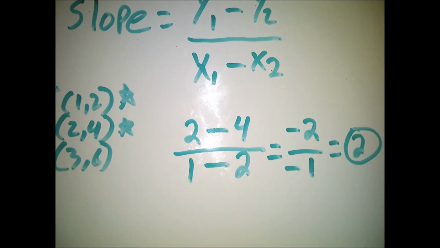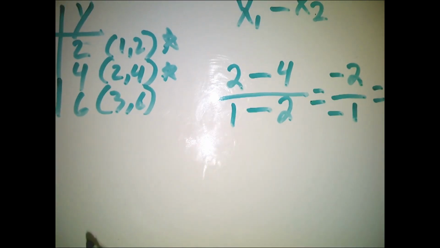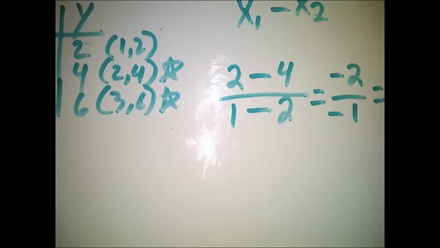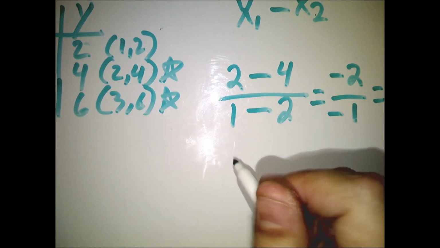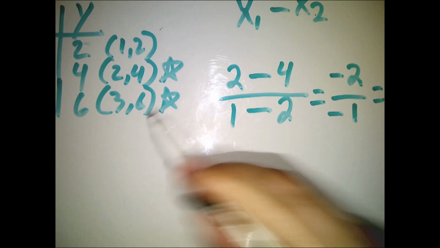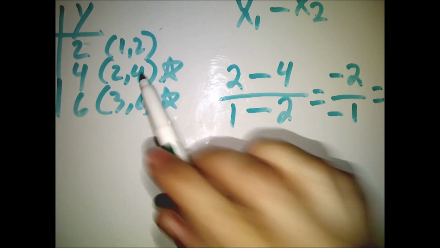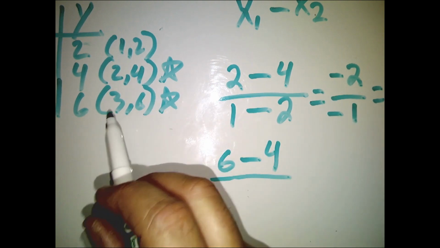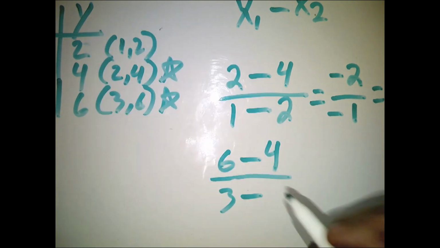Now just to prove that you can use any of these values, let's do 2 different values. This time, I'm going to use this value and this value. So let's start with the first set. We'll say the y value, which is 6, minus the other y value, which is 4, over this x value, which is 3, minus this x value, which is 2.